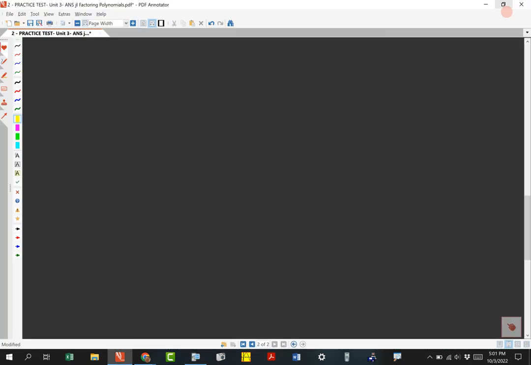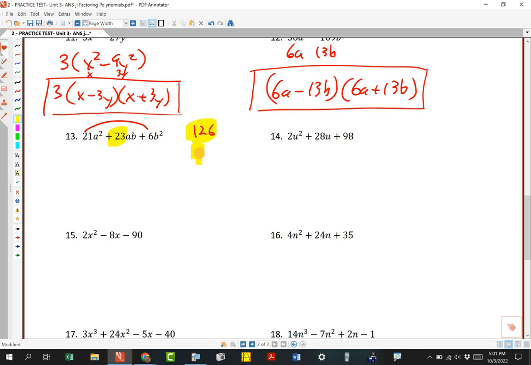So let's go ahead and use those. So I'm going to write down a 9 and 14. So double check. Do they multiply to be 126? They do, if you want to double check that. And then they combine to be positive 23.